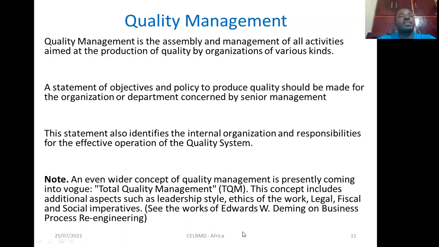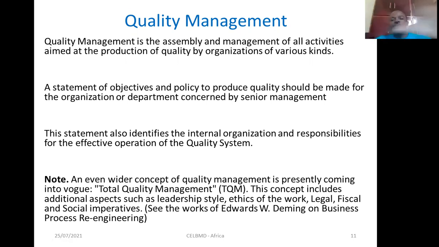Quality management refers to the combination of all the activities that are directed towards producing goods and services that satisfy clients from that organization. It's the array of activities that ensure that goods and services are produced that meet or exceed client expectations.